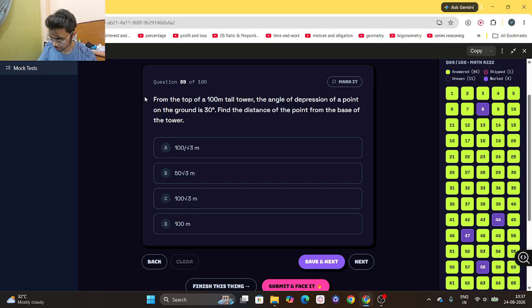This will be A, this will be B, this will be C. And tan 30 degree will be 1 by root 3 is 100 upon BC. So BC is 100 root 3.